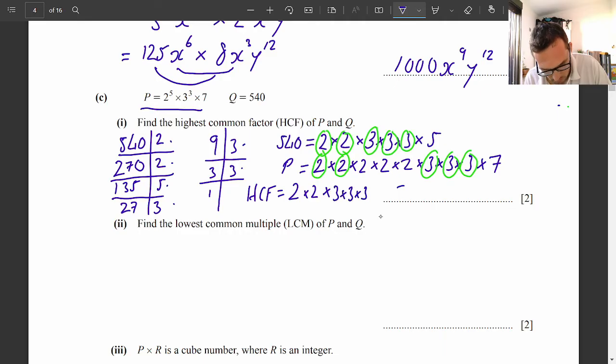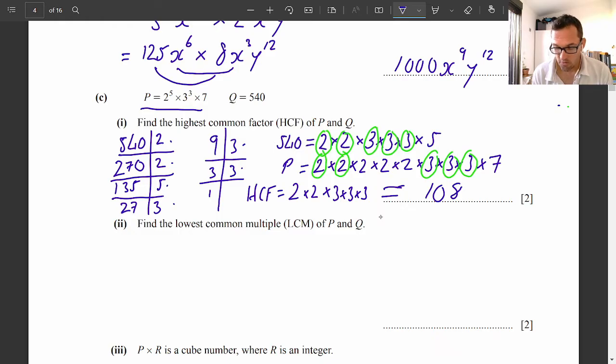Nice. Okay, so what does that equal to? 2 squared times 3 cubed is 108, and that's the highest common factor. You can always check: 540 divided by 108 works, and it's correct.